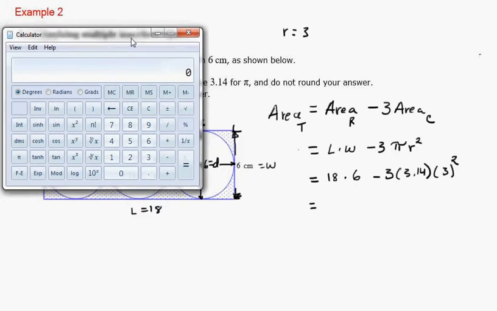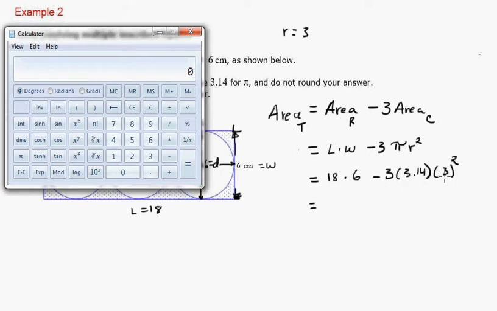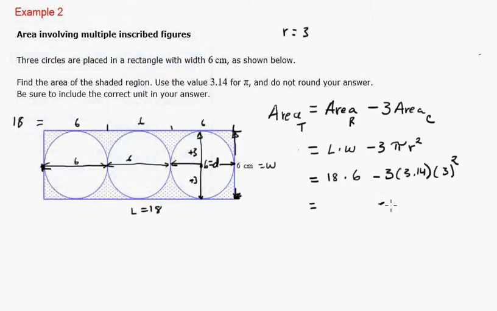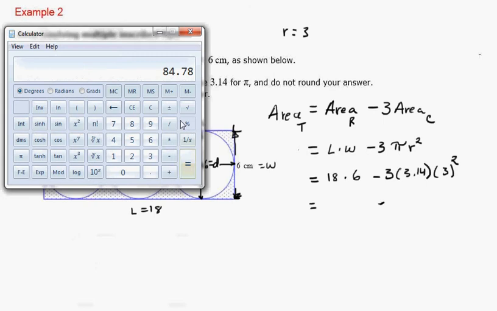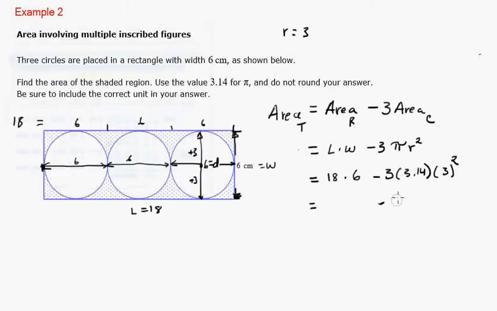I'm going to do this part first. I'm going to say 3 times 3 to do this squaring, times 3.14, and that's the area of one circle, and then we're going to multiply it by 3. So we're going to subtract off 84.78.